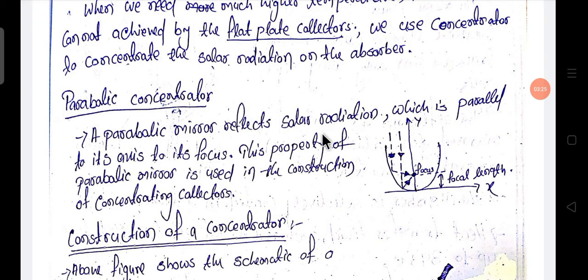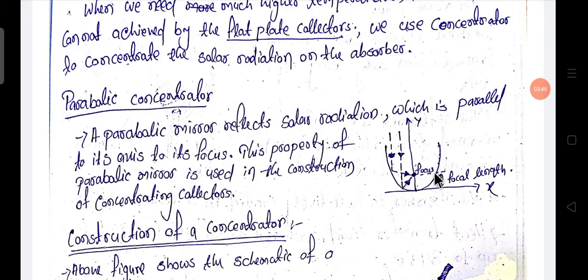Okay, here you see this is a parabolic mirror, and this is the axis of the parabolic mirror. If these two rays are parallel, coming from the sun, they reflect to the focus. This is the focus point.